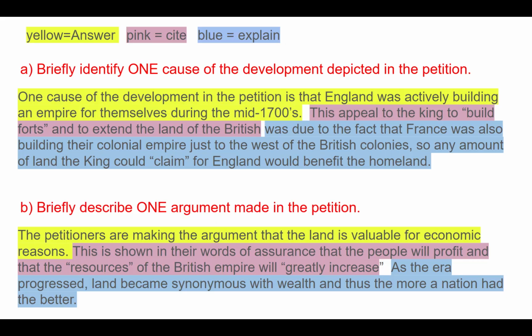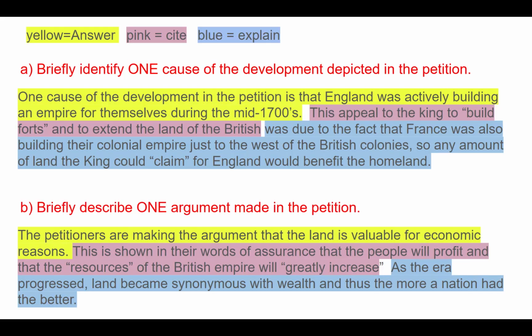So here's the acing of this prompt. The petitioners are making the argument that the land is valuable for economic reasons. Okay, so there's an argument, and that's clearly stated in the document. This is shown in their words of assurance that the people will profit and that the resources, quote from the text, of the British Empire will, quote, greatly increase.